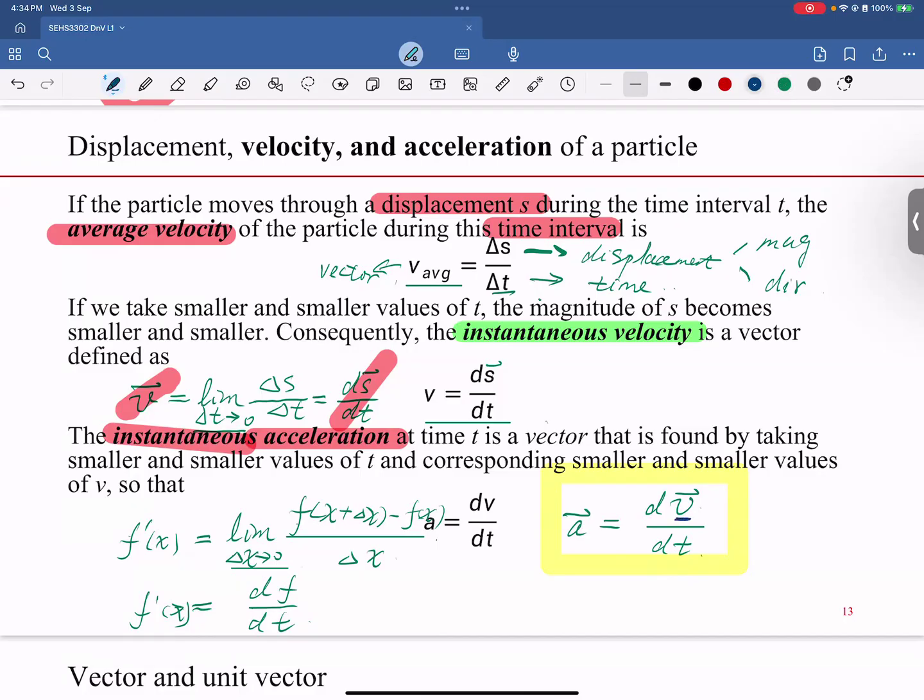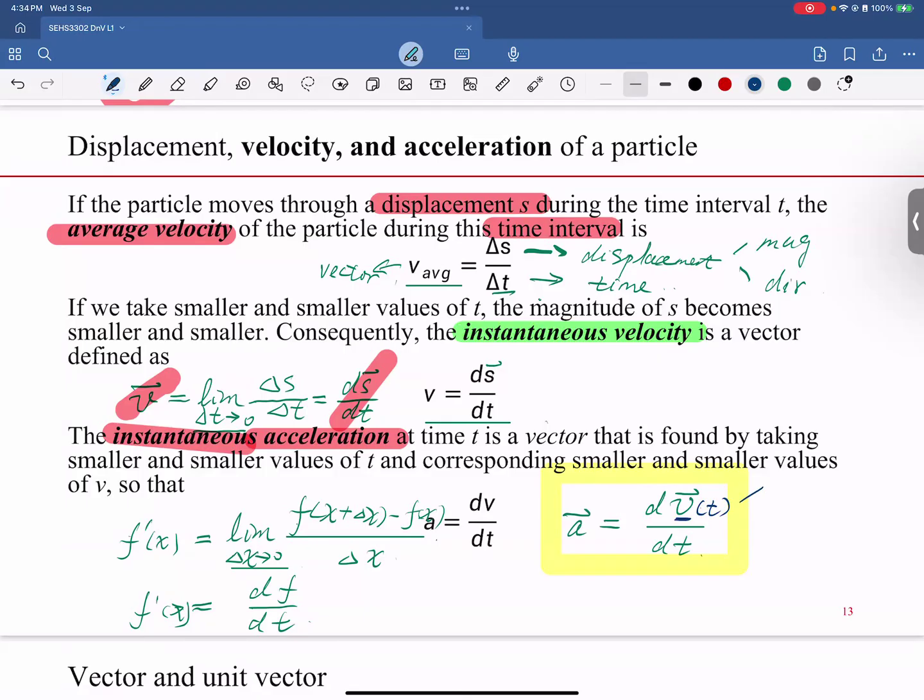V is a vector, and it is a function of t, right? T is the independent variable, time. As time goes, the velocity will change in two aspects.